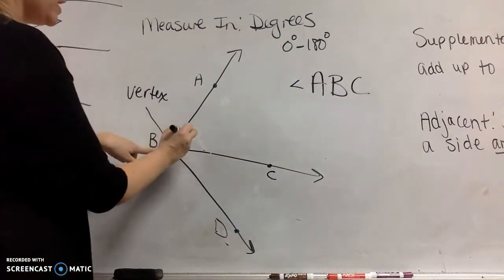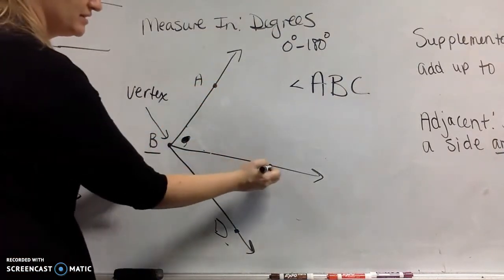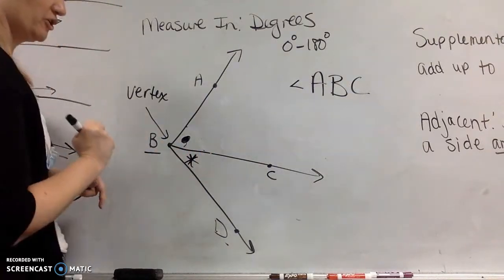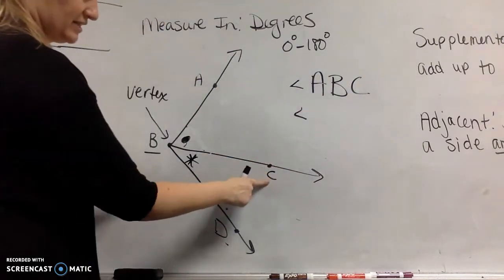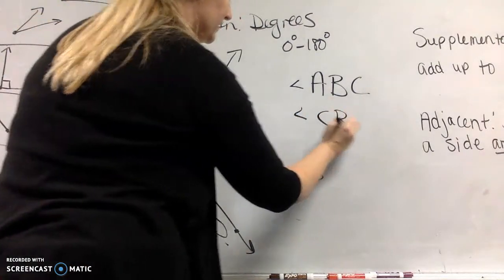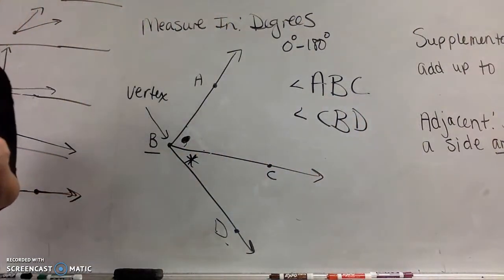So this angle right here is angle A, B, C. This angle down here, I'm going to mark it with a star. C is on one side, B is still the vertex, and then D is the other ray. So I can call that angle CBD.